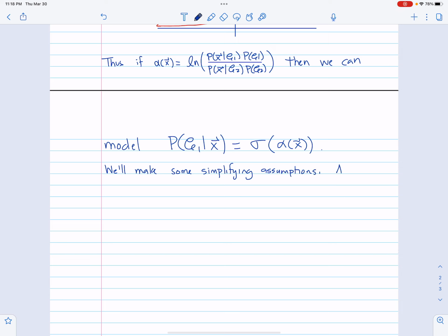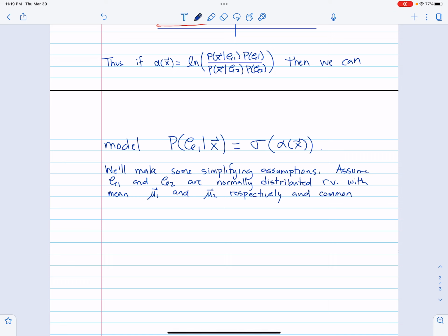We're going to assume that C1 and C2 are normally distributed random variables with mean u1 and u2 respectively. And we're going to assume that they again have a common covariance matrix sigma.